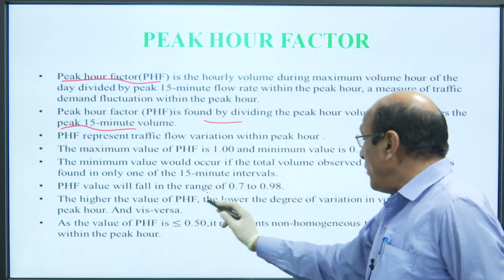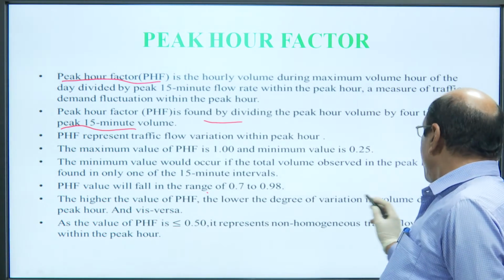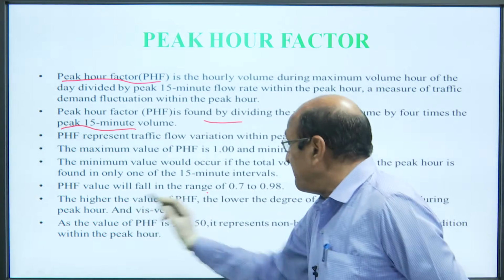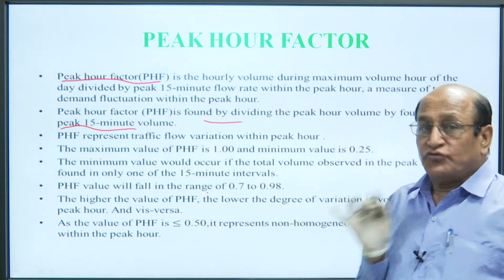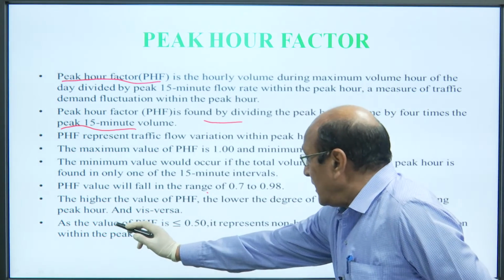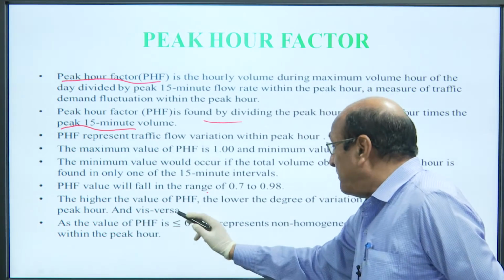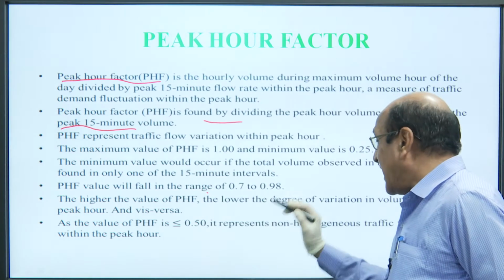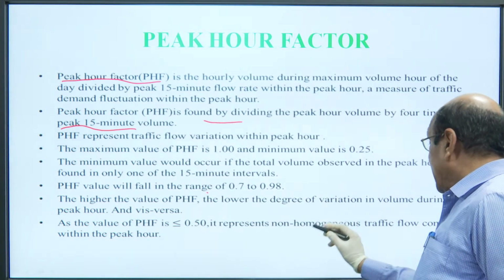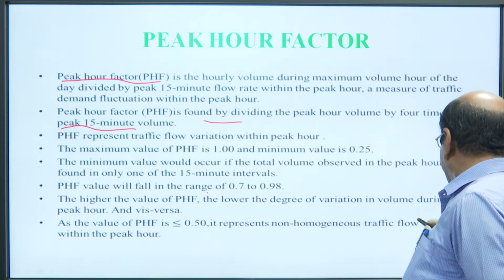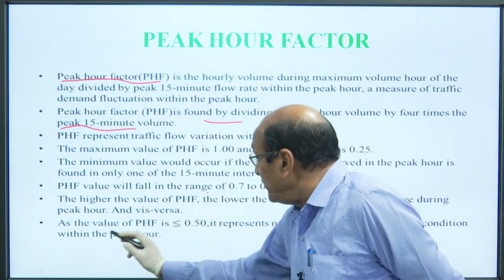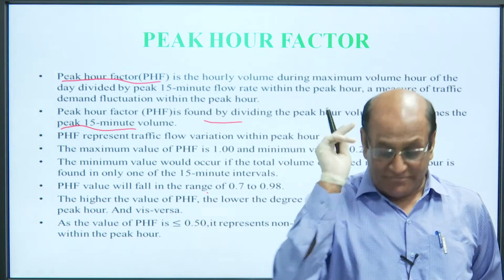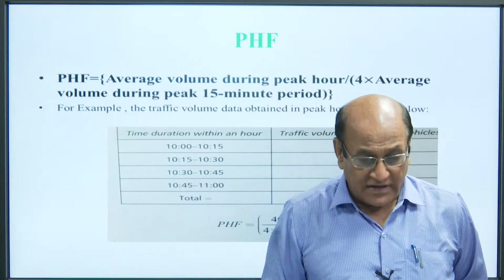The higher the value of PHF, the lower the degree of variation in the volume during the peak hour, and vice versa. So, see here, if the value of PHF is less than or equal to 0.5, it represents non-homogeneous traffic flow condition within the peak hour.